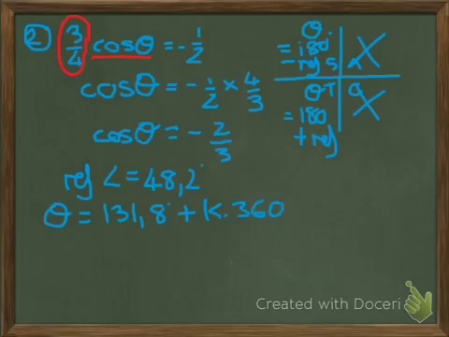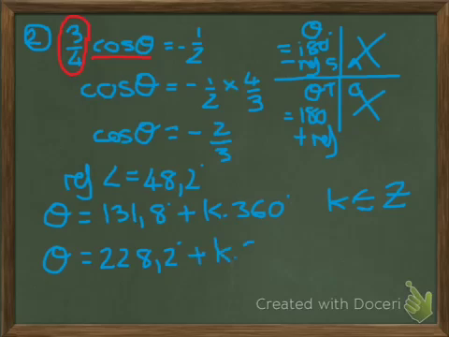Now you might have had N360 in your textbook, K360, N360, doesn't make any difference, as long as you don't forget to write K's, or K is an element of integers on the right. Obviously, we also had the option for the third quadrant where we had to go 180 plus my reference angle. And that gives me 228,2 plus every 360.